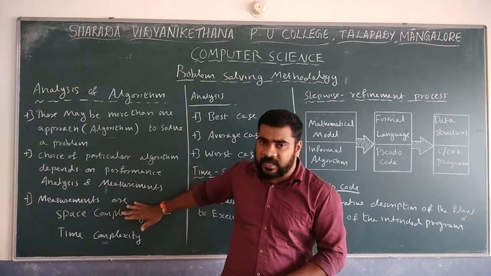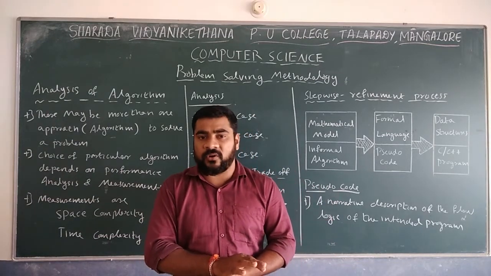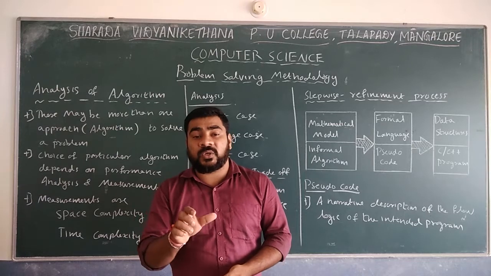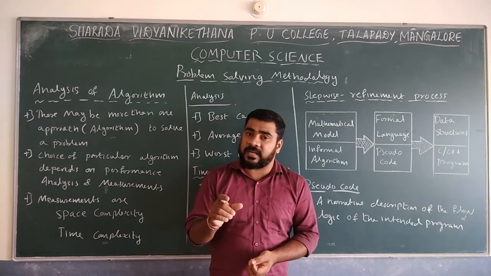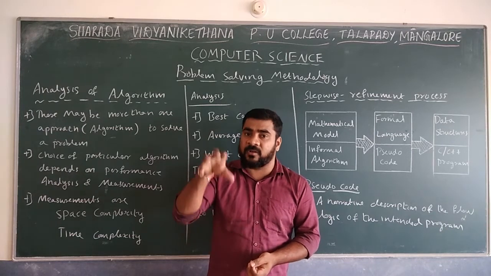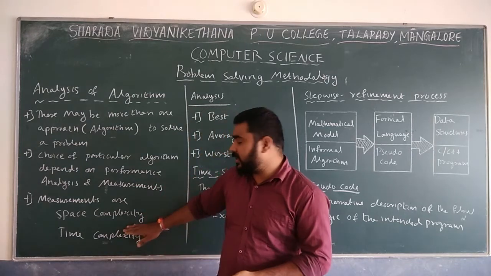But normally, when you are going to execute an algorithm, what is the total space required to execute a particular problem, program, or algorithm? That is known as space complexity.